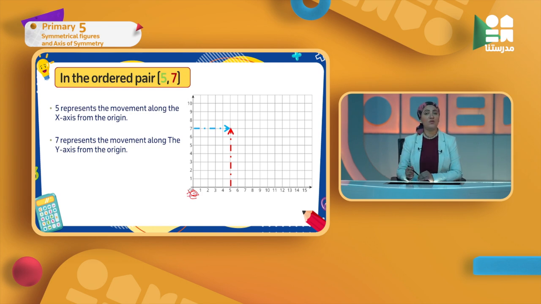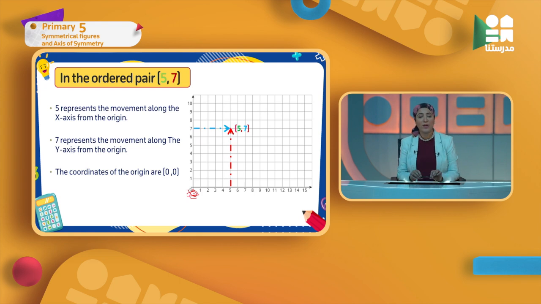So this is going to be my point on the y-axis starting from the origin point. The name of this point now is the point 5 and 7. These numbers inside the brackets are called the coordinates of this point.